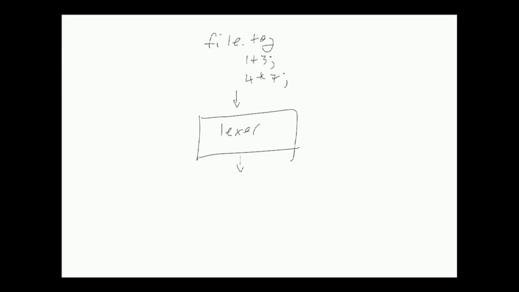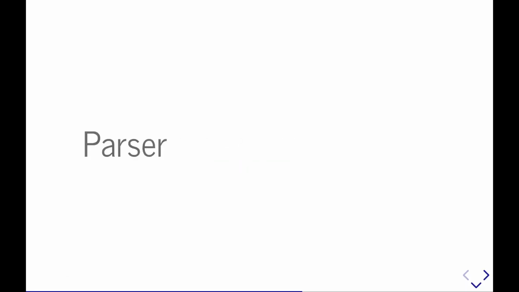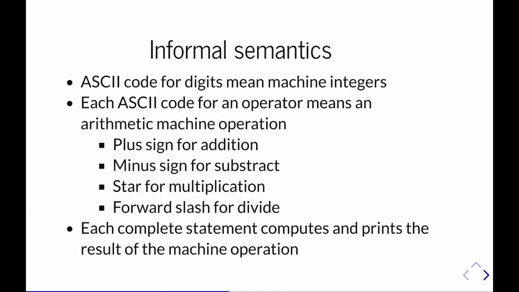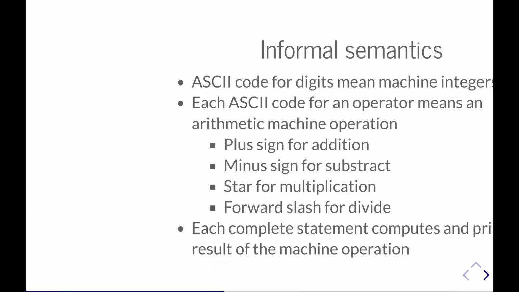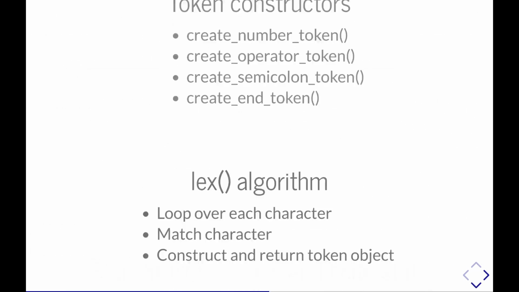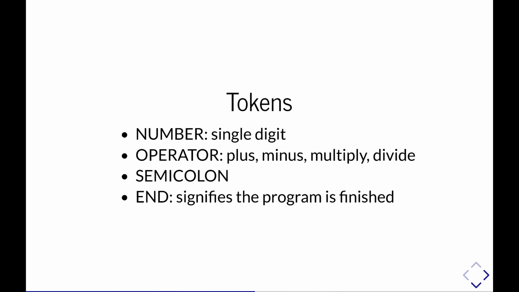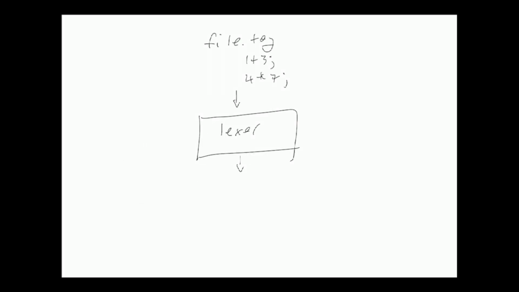So for this input program, what would the sequence of tokens look like? Remember, there were only 3 different tokens: number, operator, semicolon. So what would the token stream look like coming out of the Lexer? What's the first token that we would recognize?